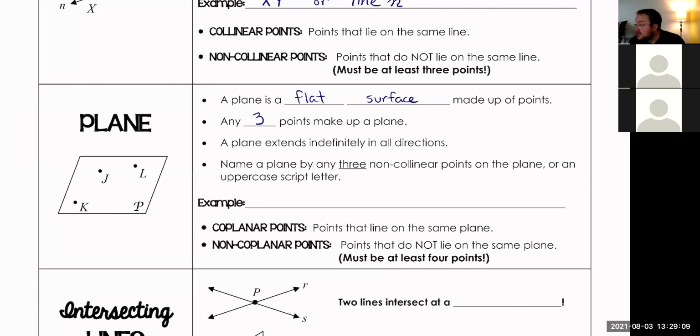To name a plane, because 2 points usually define a line, you need 3 non-collinear points that are on that plane, or you can use an uppercase script letter. So in this case, we have 2 ways to define this one. We can either describe it as plane JKL, or we can describe it as plane and then use a cursive P.